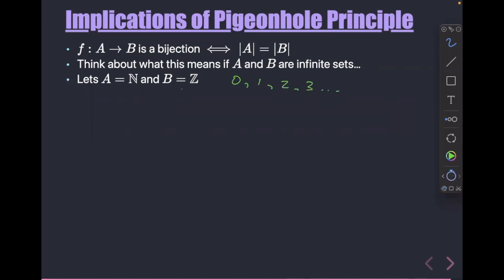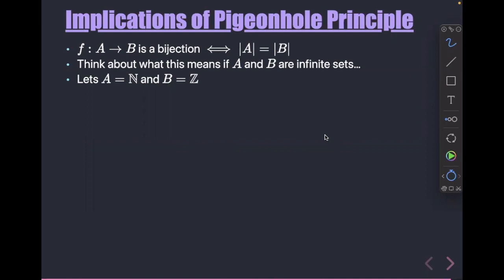And B is the set of integers, like -3, -2, -1, 0, 1, 2, 3, and so on. So B is going to be in Z, and A is the set of natural numbers.